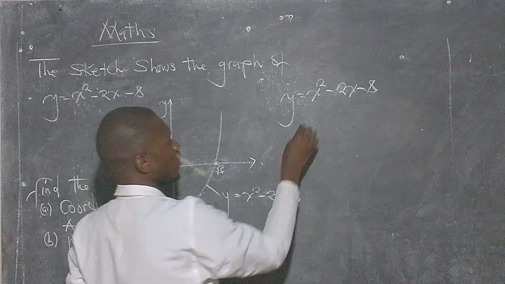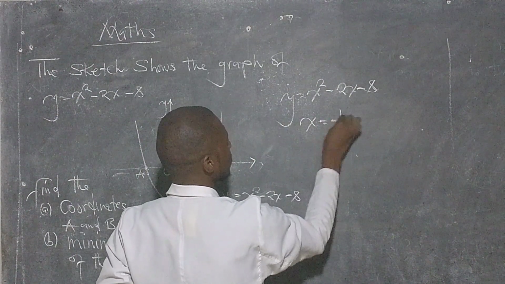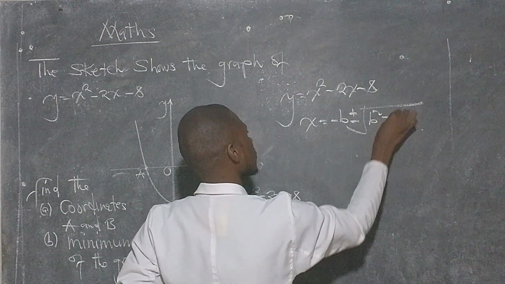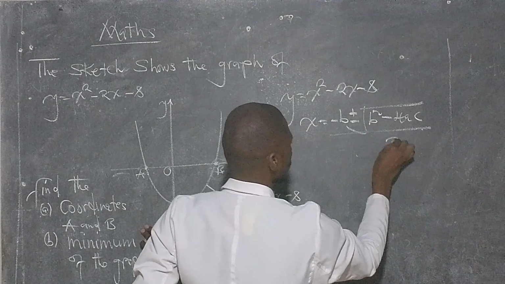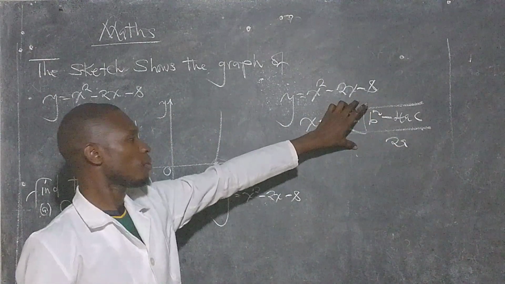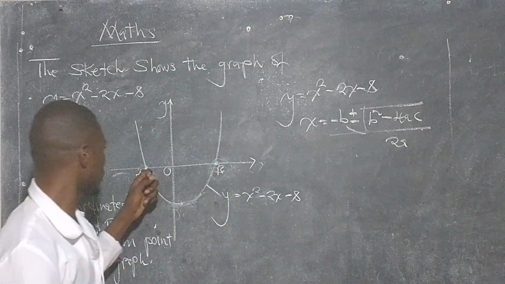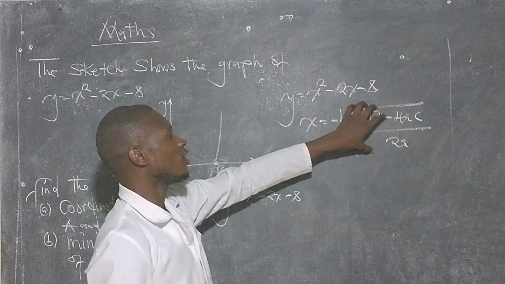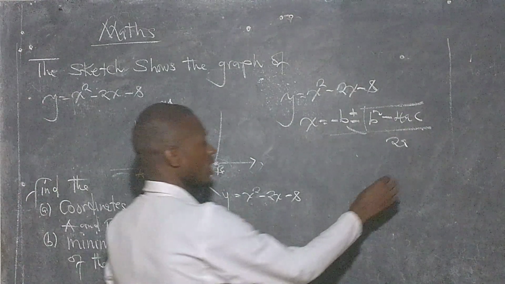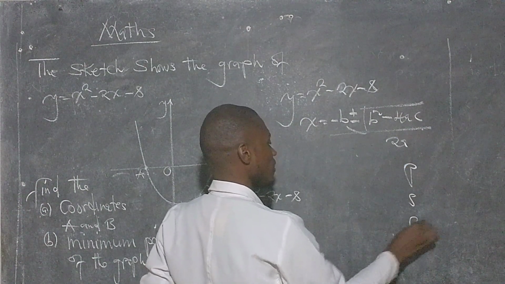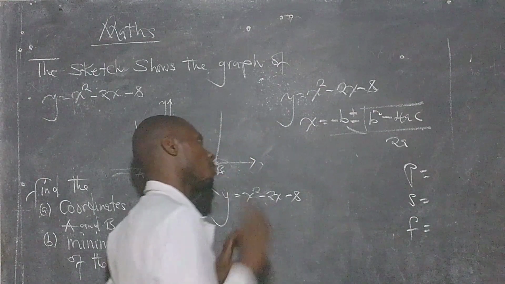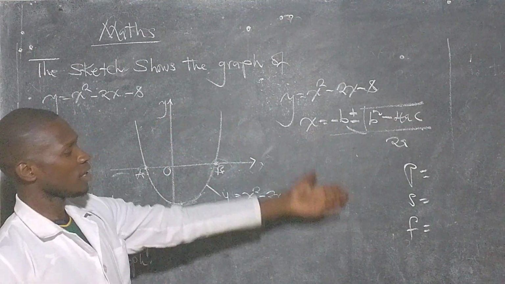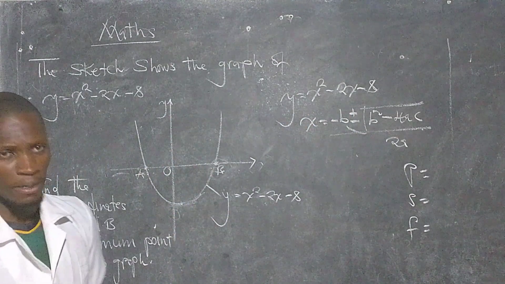We can use the formula x is equal to negative b, positive or negative, square root of b squared minus 4ac, over 2a. This formula can help us come up with the two values for A and B. If you don't want to use this formula, you can use the factorization method where you find the product, sum, and factors. This also can help us come up with the answers for A and B. Either way, the answers will be the same.